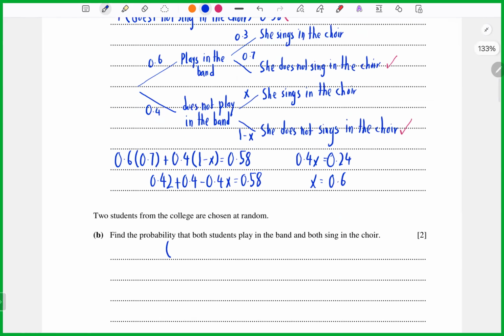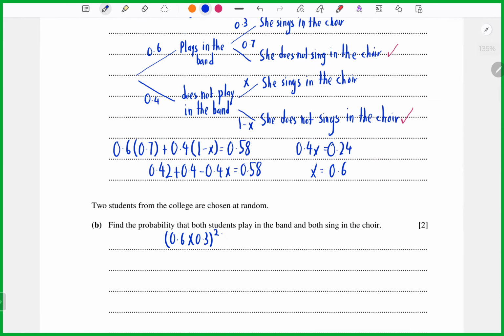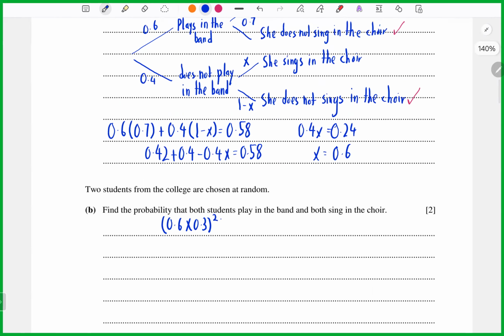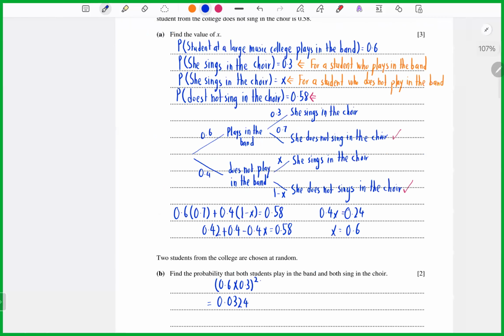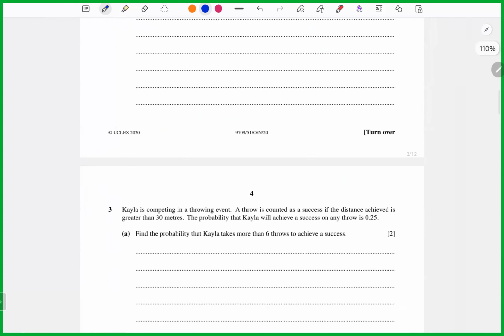For both students, you take 0.6 multiply 0.3 and then square it, because there are two students, so you multiply two times. Then you will get the answer equals 0.0324.